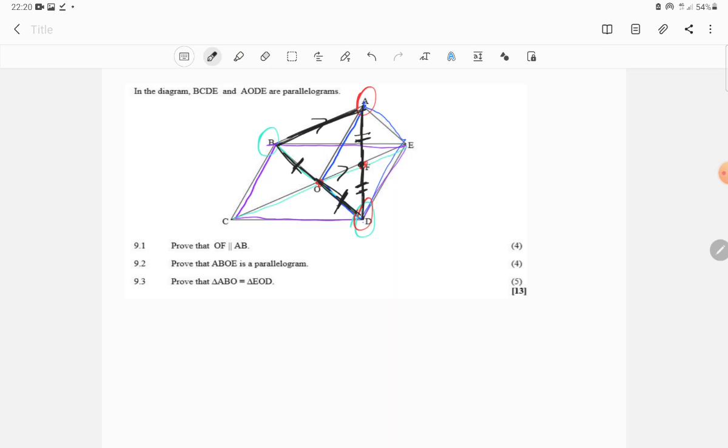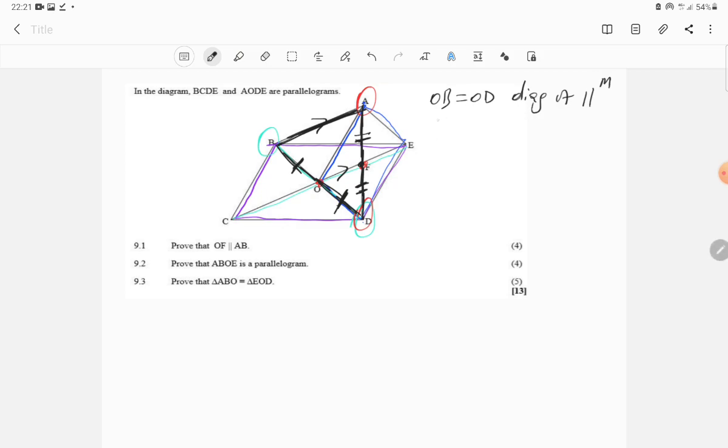So how do you present that? We have OB equal to OD, reason: diagonals of a parallelogram. We know that diagonals of a parallelogram bisect each other. You may not specify what they do, just say diagonals of a parallelogram.